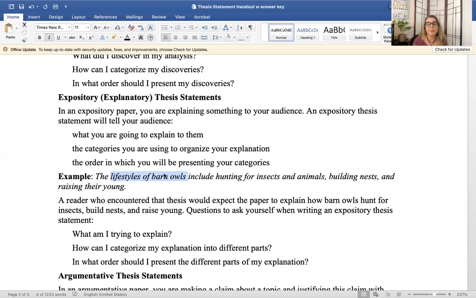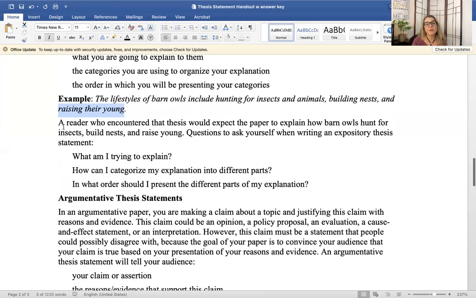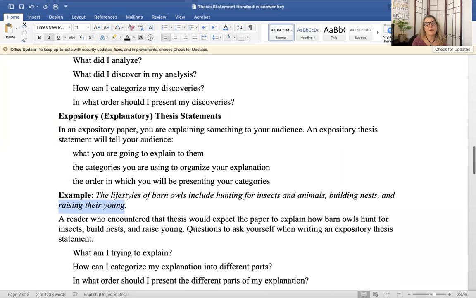So the lifestyle of barn owls, and you're going to explain how they hunt for animals, how they build nests, and how they raise their young. So these would be the three categories you're going to explain in relation to the lifestyle of barn owls.